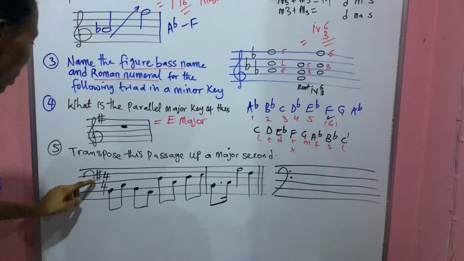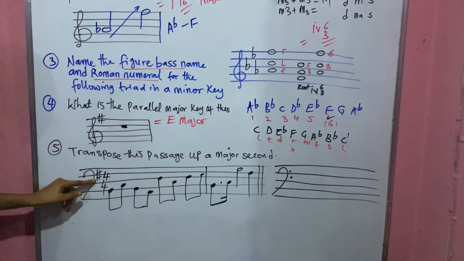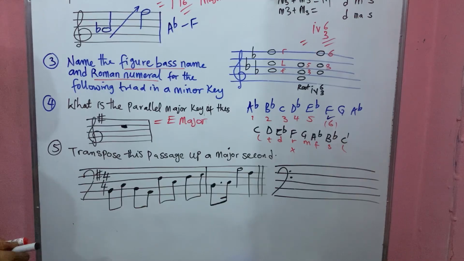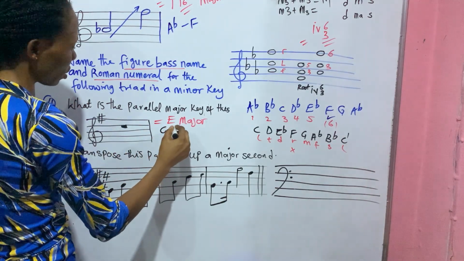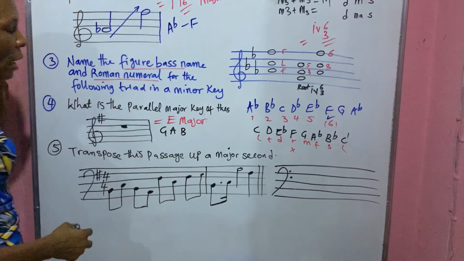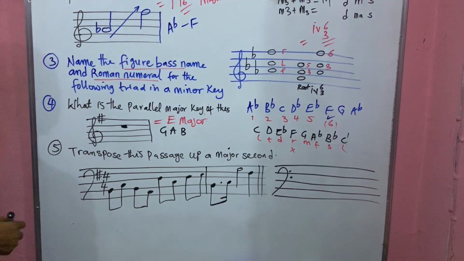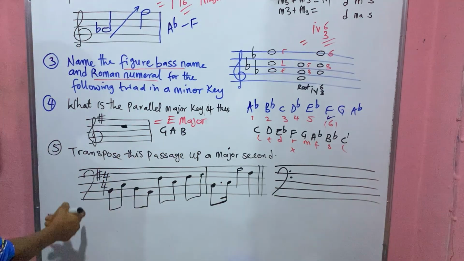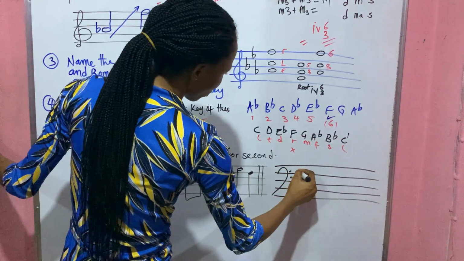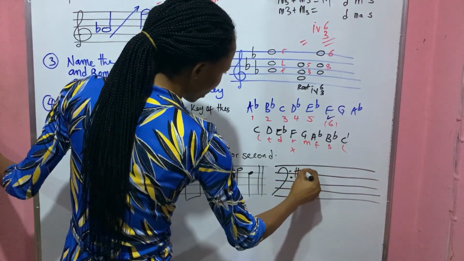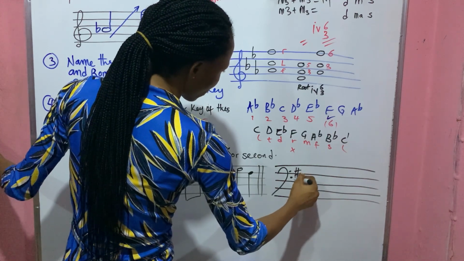First of all, this is G, right? What will be a major second of G? This is G, A, B. So a major second of G is A. So automatically this key signature now will change to A. A has 3 sharps.